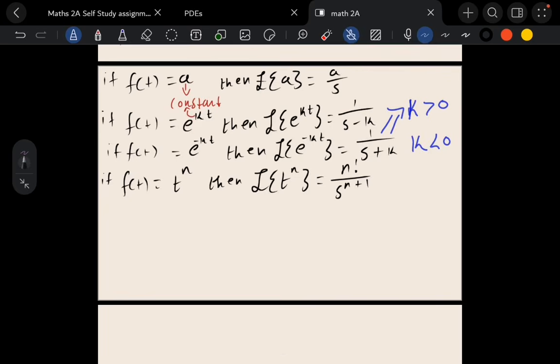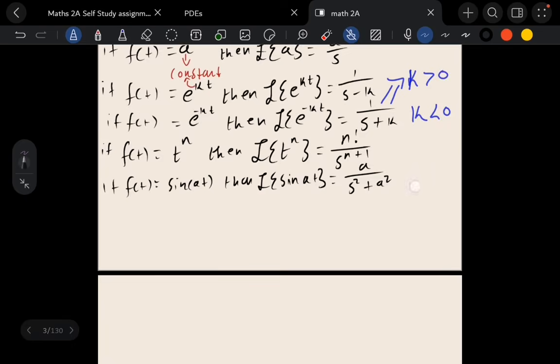Right? And then if f of t is the sine of at, where a is a constant, then the Laplace transform of sine at is a divided by s squared plus a squared, like that.